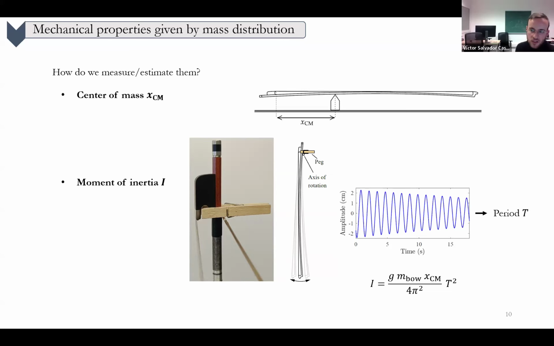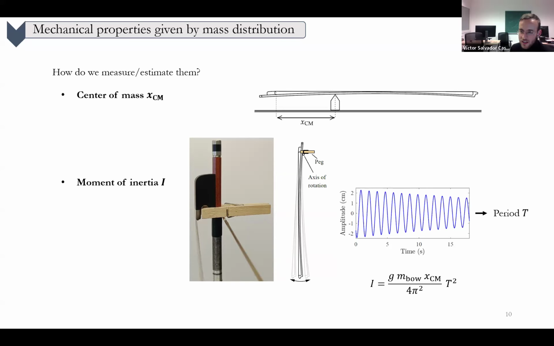Here I am mostly talking about mass distribution. I'm not talking about the elasticity of the stick, because we are always using the same bow. But I know that the elasticity of the wood is an important parameter for selecting different woods for bow construction. If you have any idea, I am more than curious.